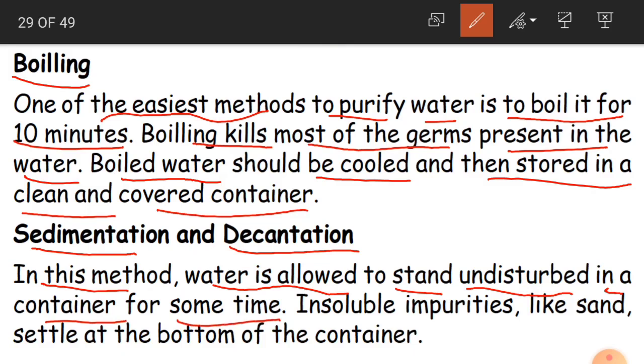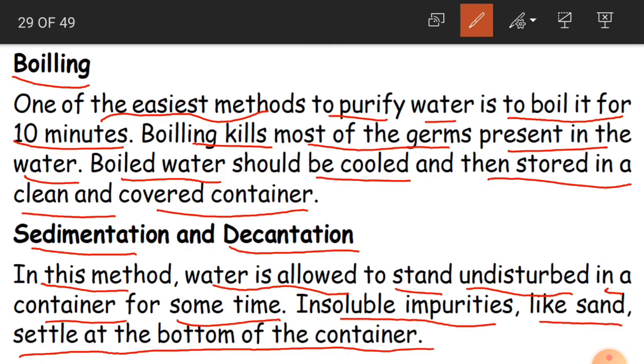We are taking water in one container and we are going to keep the container in a particular place without disturbing it. Without disturbing, in the sense, we are not going to move it. So it is just kept for some time, and insoluble impurities like sand settle at the bottom of the container.